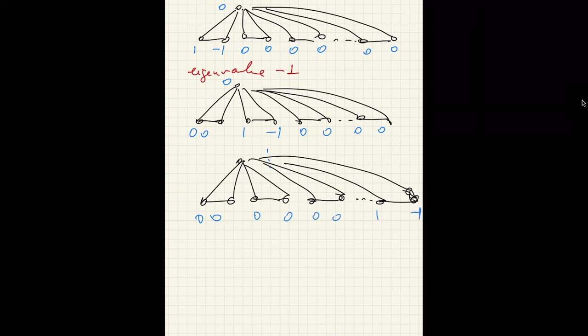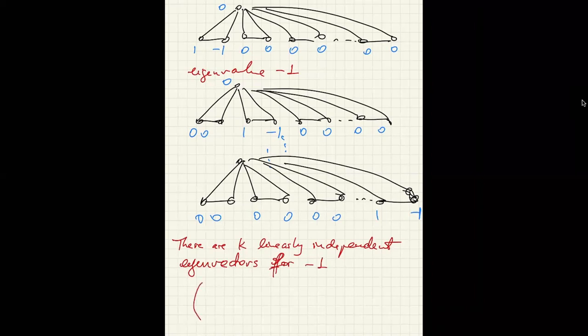By the same argument as before, you can show that these are linearly independent, and so there are k linearly independent eigenvectors for minus 1. If you want the spectrum of this graph, this is the whole spectrum.